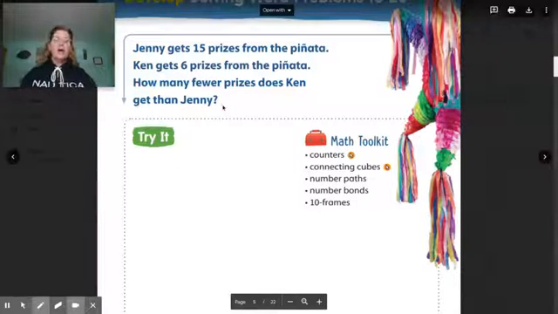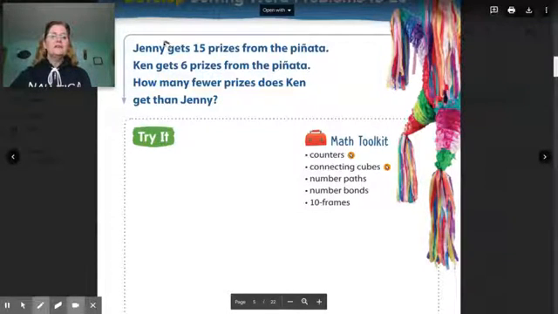So we need to think about what the problem is about. Well, it's about a piñata and a couple of lucky kids, and they both get prizes, but Jenny gets some and Ken gets some, and Jenny has more. But we're trying to break the puzzle and figure out how many fewer prizes Ken gets. So let's look at our important information.